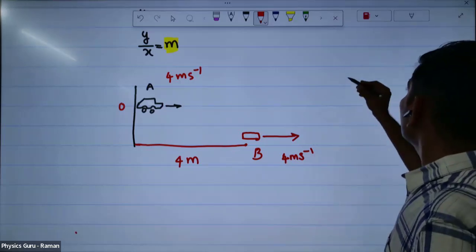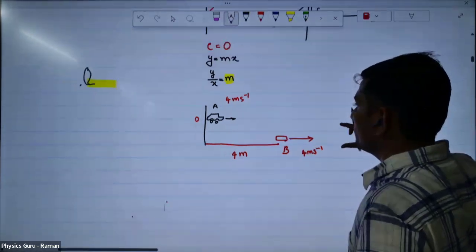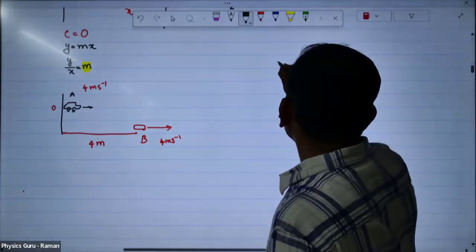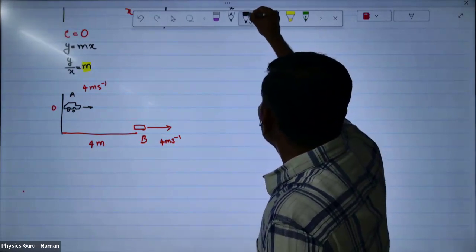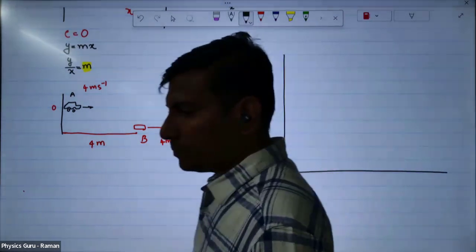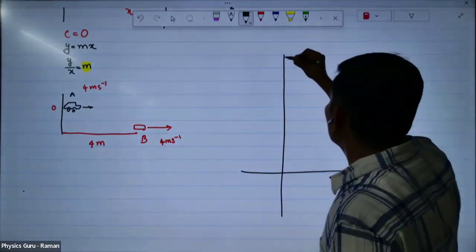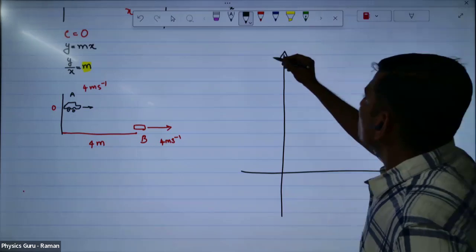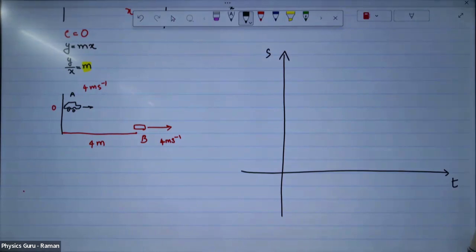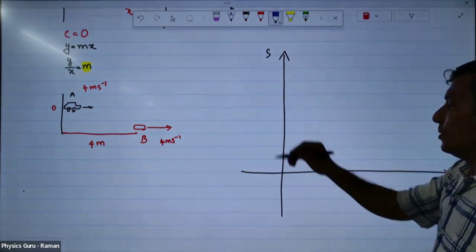So now let's see. I'm going to plot a graph for the given situation. Fine. So it is going to be the displacement versus time graph. Got it? And I'm going to plot it for the first fellow.